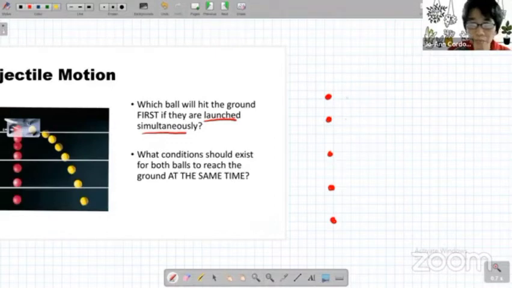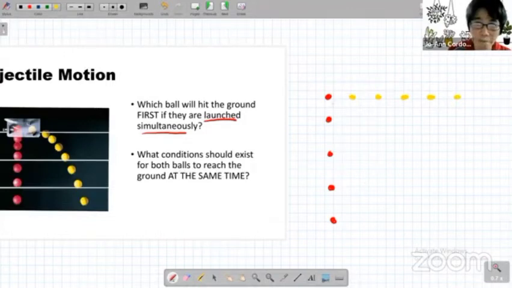So yung yellow ball, ang pagkakaiba ng yellow ball ay meron siyang horizontal component. So we know that the yellow ball is a projectile, so what we expect is that it will actually have a constant horizontal motion in this manner.